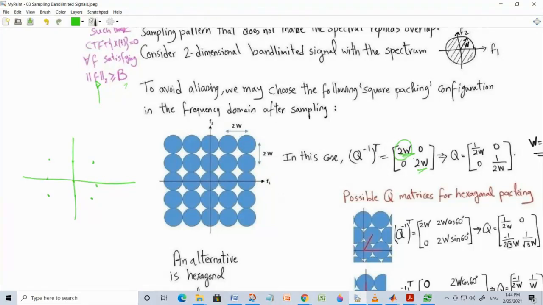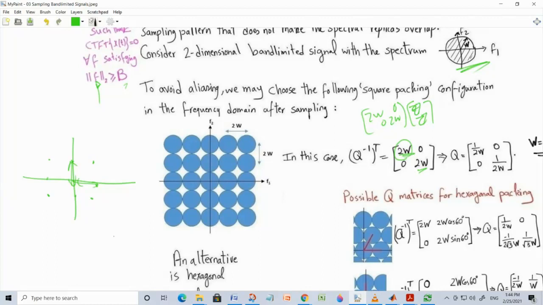If you multiply 2W, 0 by an integer here and an integer there, and sweep through all possible values, you will generate a lattice, and this lattice is rectangular, actually here a square lattice, in which points are along the orthogonal f1 and f2 directions. They are separated by 2W. If the original spectrum looks like this, there is no aliasing, right?